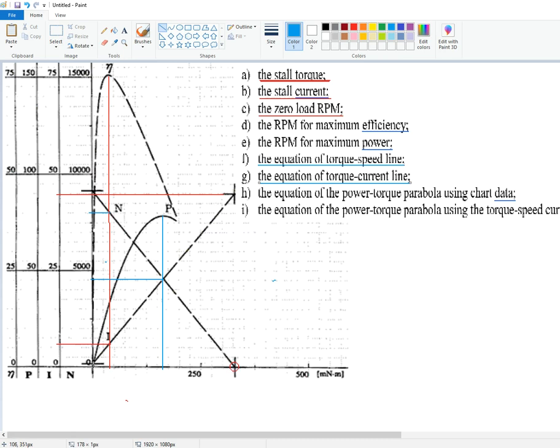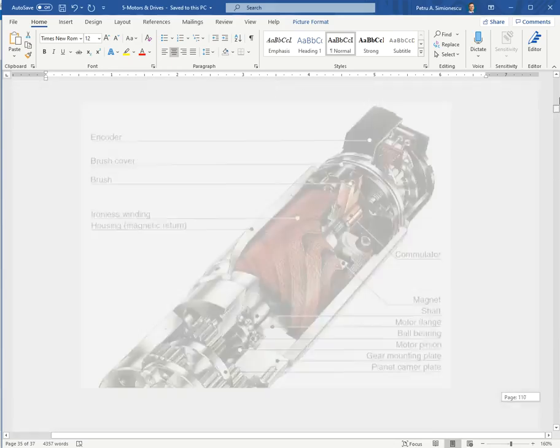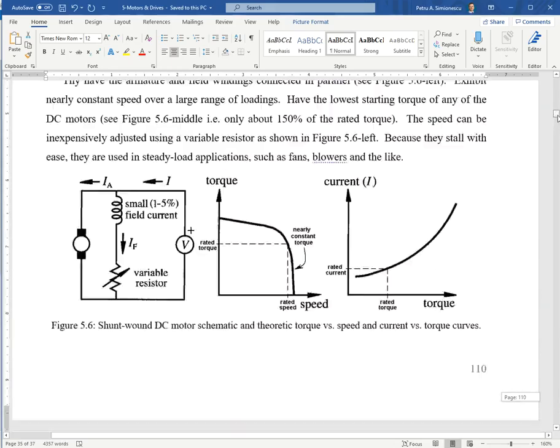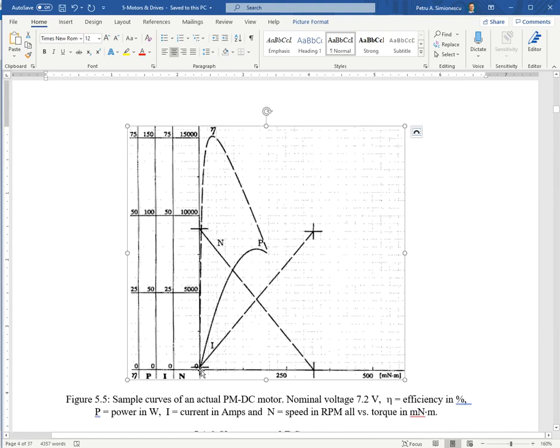Let me just back off a little bit. I hope I have the graphs labeled the way they should. Okay, so this is the current-torque curve.